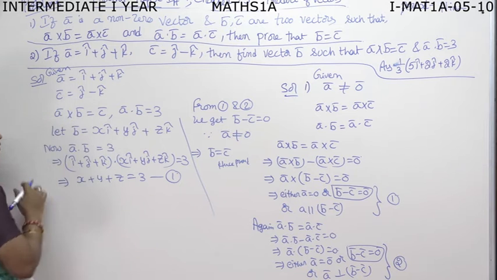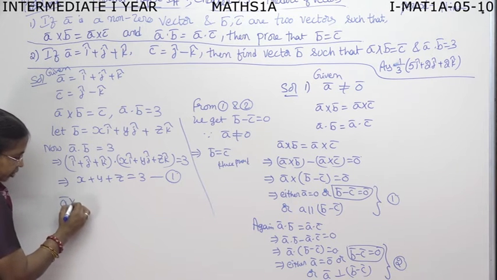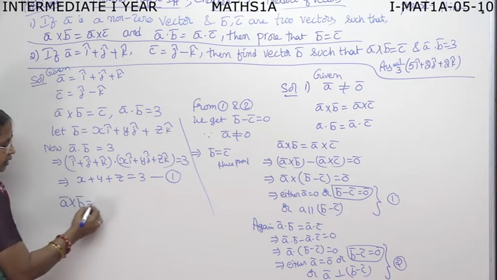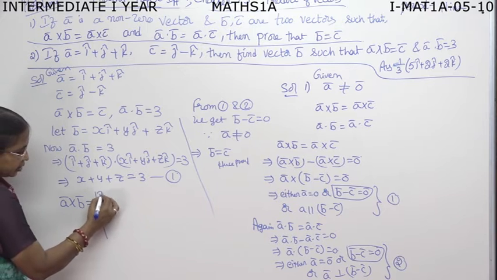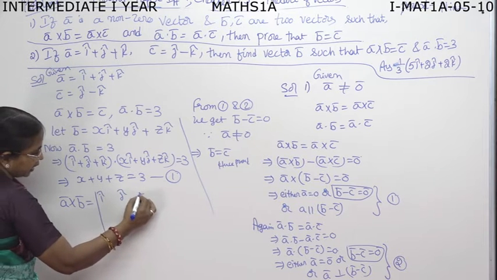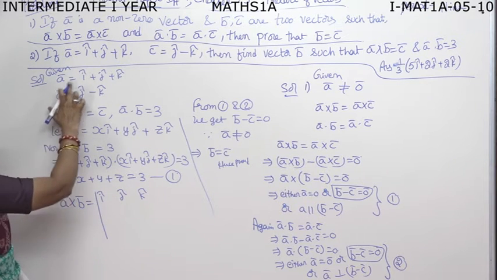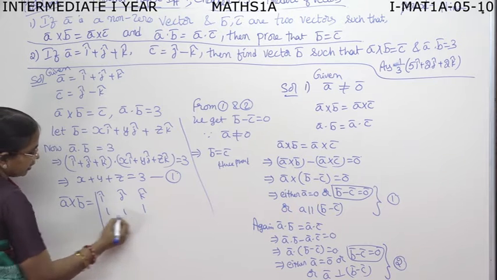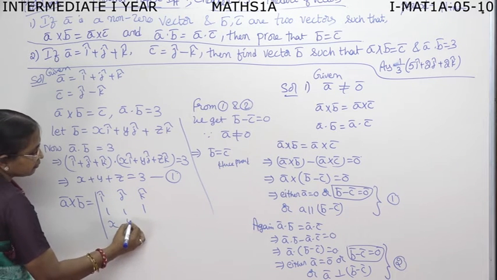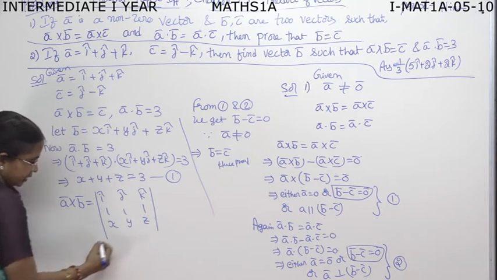Now we'll take a cross b. First we'll find a cross b and then we'll equate it to c. a cross b is the determinant with rows i, j, k; a is 1, 1, 1; b is x, y, z. Now you expand the determinant.